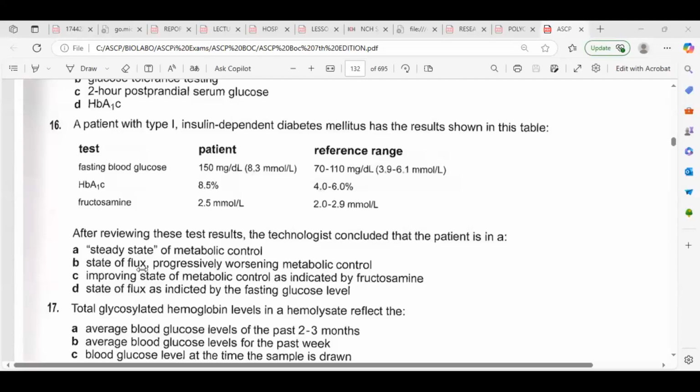Yes, I think I would go with C. Yes, Daniel. This person is having an improved state of metabolic control as indicated by fructosamine.